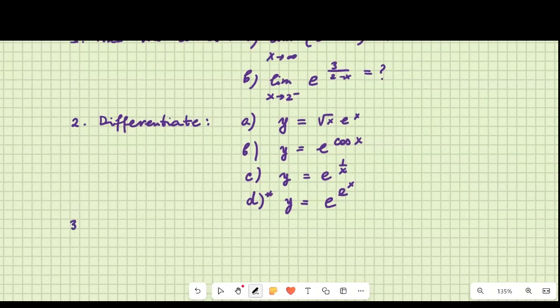For integrals, I'm just going to give you 3 integrals. Find the integral. The first one is e to the power of square root of x divided over square root of x dx.